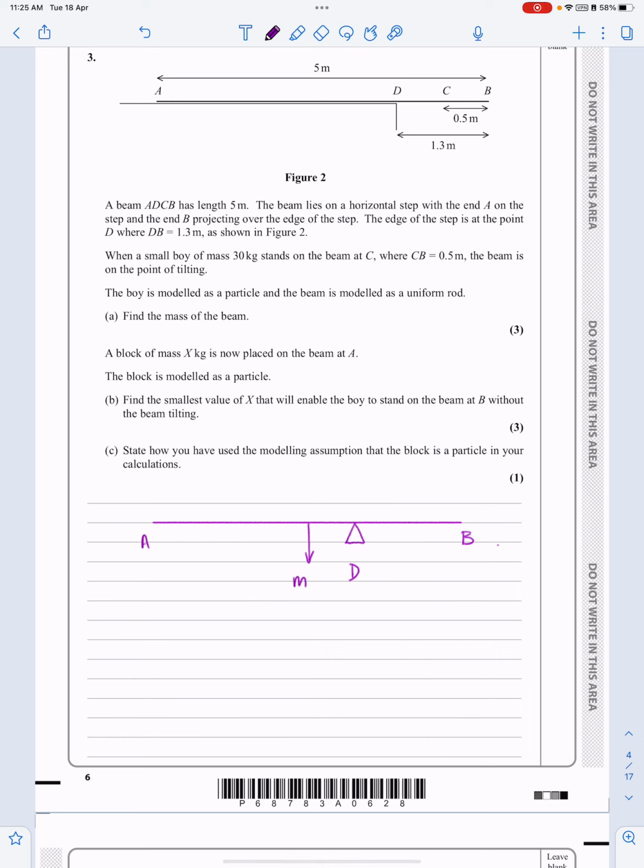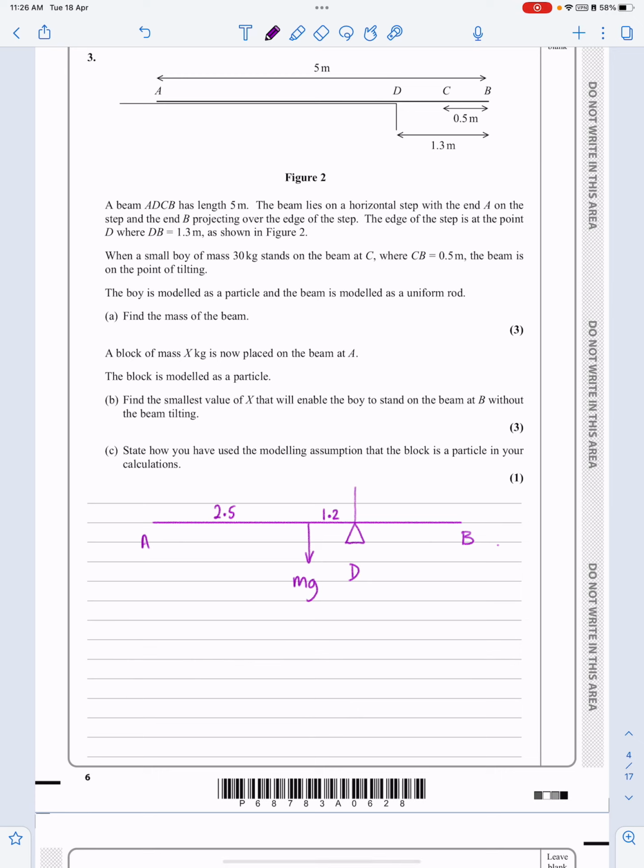So I'm going to call that mg there, and I know then that that length is going to be 2.5. I know that this distance here is 1.3, which means then that this total distance here is 3.7, which then means that that bit there is 1.2.